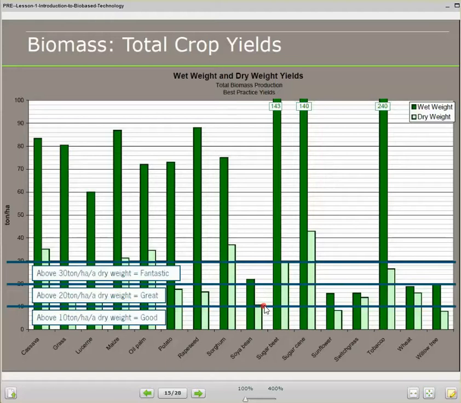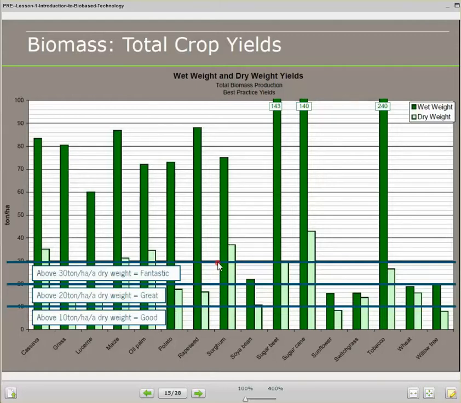So its dry mass is above 10, but it's well under 20. What other do we see that will be in between? Yeah, very good, Christian. So the grass, the lucerne, the potato, and the rapeseed, they all are between 10 and 20. So they're good, but not great.